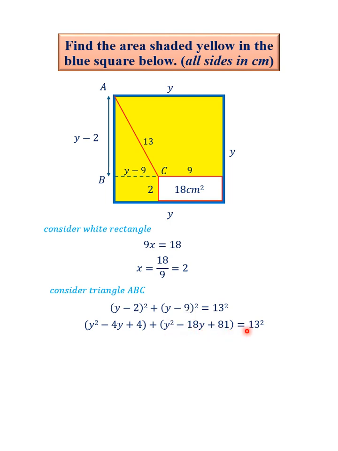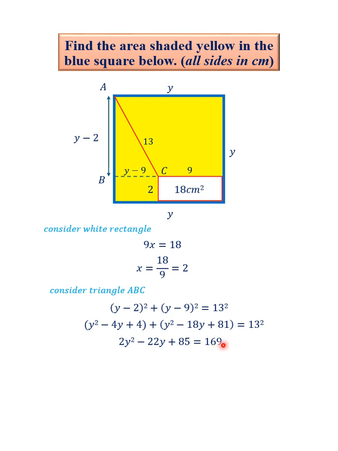And everything is equal to 13 squared. Now, let's solve further. This reduces to y squared plus y squared, which gives us 2y squared, minus 4y minus 18y, which gives us minus 22y. 4 plus 81 gives us plus 85, and that is equal to 169, because 13 squared is 169.